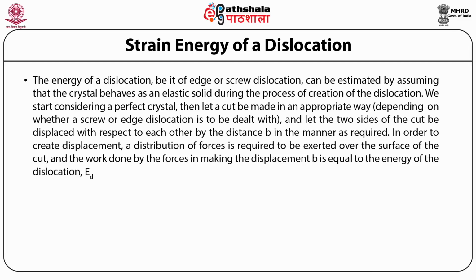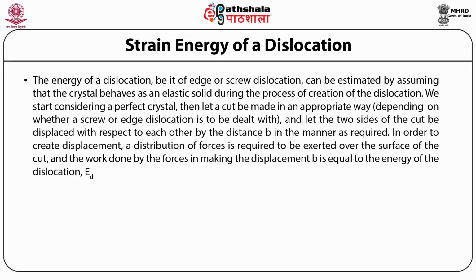The energy of a dislocation, be it of edge or screw dislocation, can be estimated by assuming that the crystal behaves as an elastic solid during the process of creation of the dislocation.